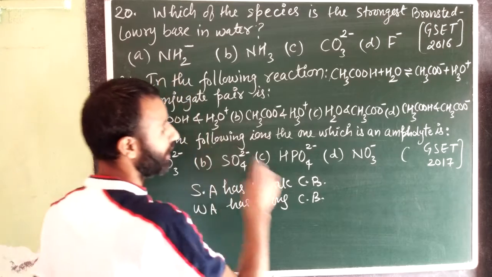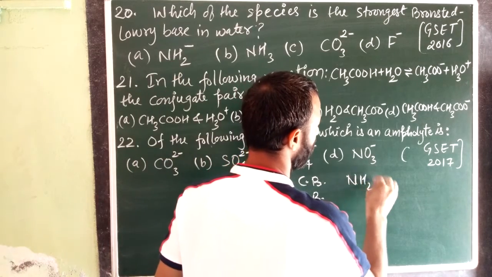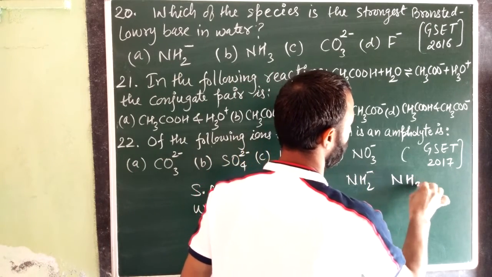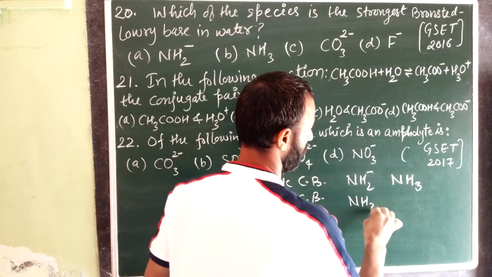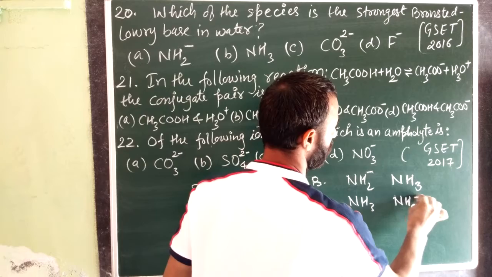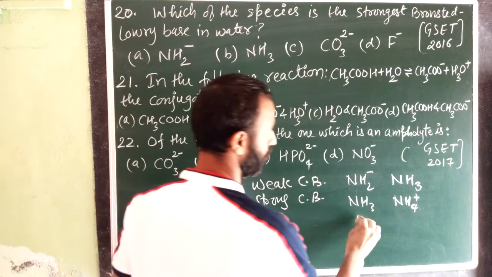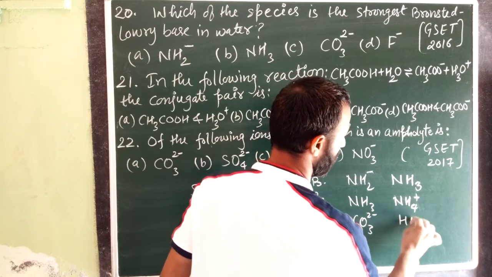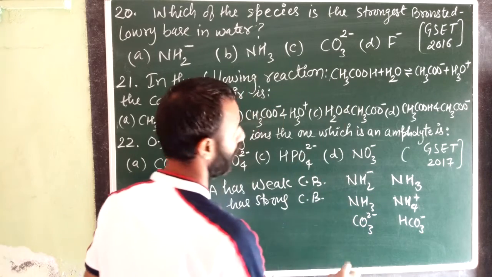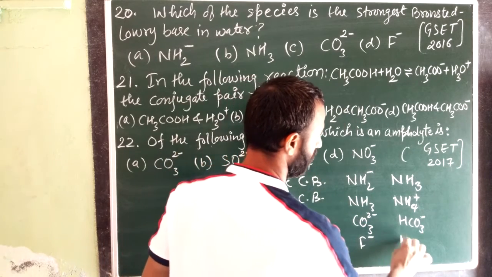Now for NH2 negative, its conjugate acid is ammonia. For NH3, it is NH4 plus. For CO3 2 negative, it is HCO3 negative, and for F negative, it is HF.